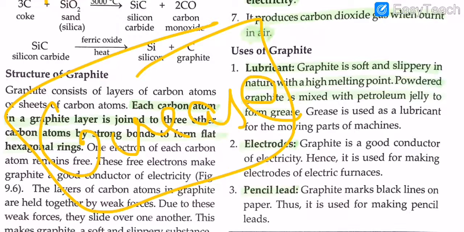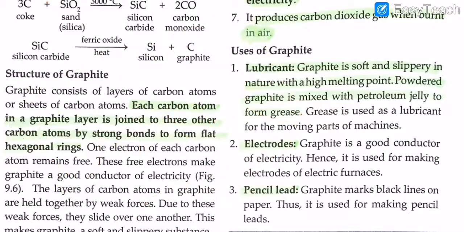For the moving parts of a machine. So it is used as a lubricant, and it is very soft and slippery, and it has a very high melting point, which makes it suitable to be used as a lubricant.